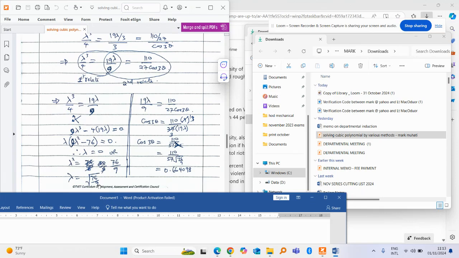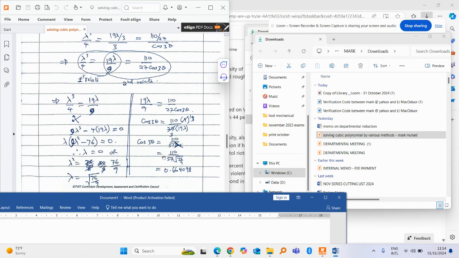On the second, we relate the two terms. We want to relate this term, and we already have the value of lambda here. So what we are going to do is very simple. We are actually going to relate these two, and as we relate the two, we make cos 3 theta the subject of the formula, and that is what we get.